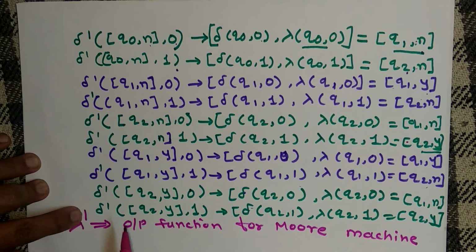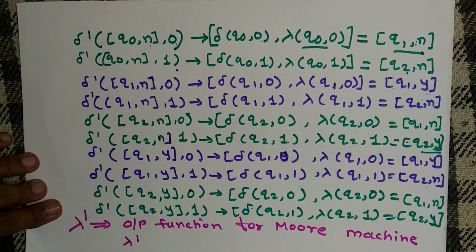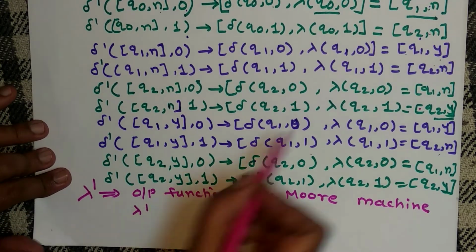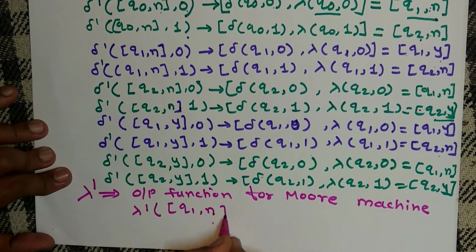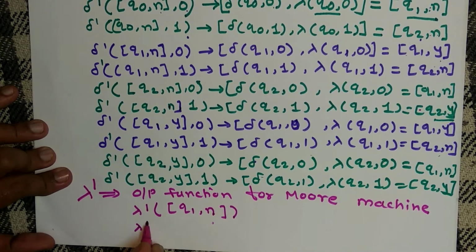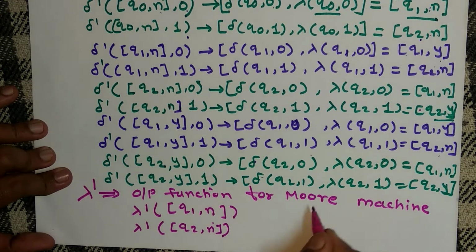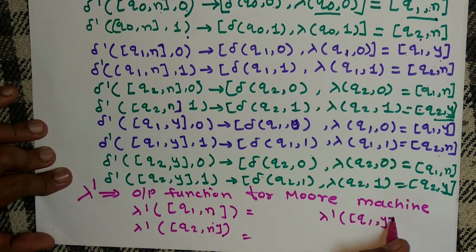Now see, I am taking them as lambda dash over the Q1n, then lambda dash Q2n, lambda dash Q1y, lambda dash Q2y.